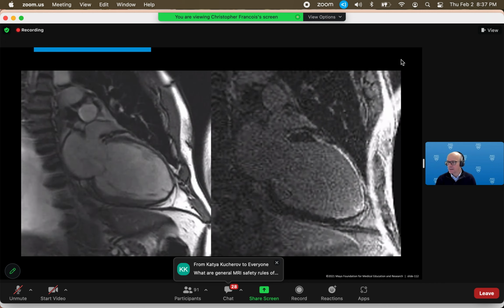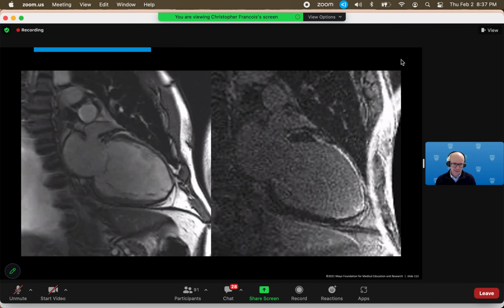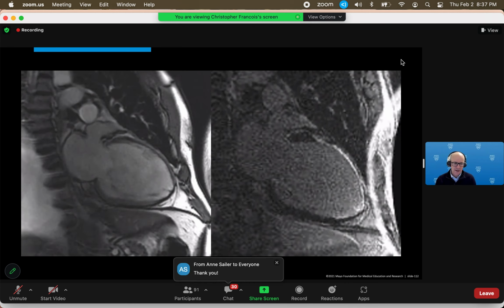Okay, general MRI safety rules. In general, the valve replacements and valve prostheses that are used are MRI safe, and the amount of time you have to wait varies depending on the device, so you just have to look it up online. The other questions that frequently come up are related to imaging patients with devices, defibrillators, and pacemakers.